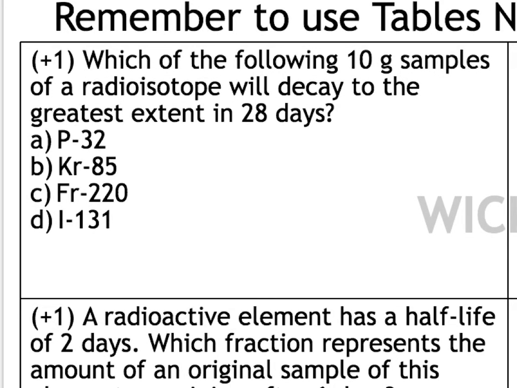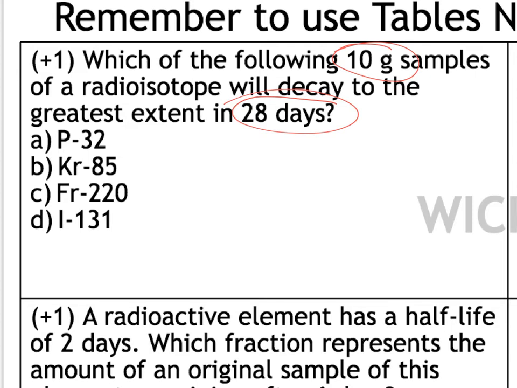All right, number 1. Which of the following 10-gram samples of a radioisotope will decay to the greatest extent in 28 days? So greatest extent is actually the key word here. And I want to point out that it would be really easy to think of maybe the 10 grams or maybe the 28 days as being the key to the question.